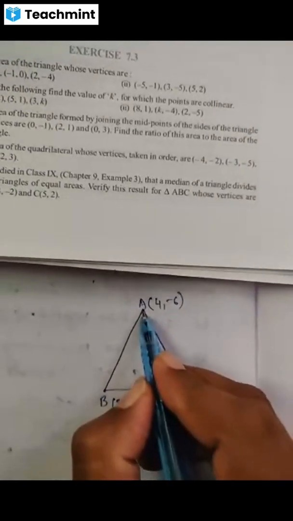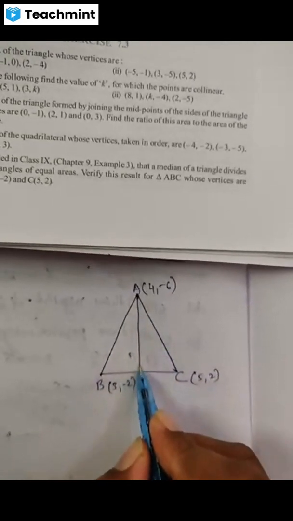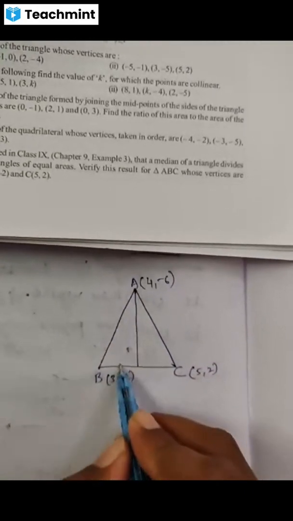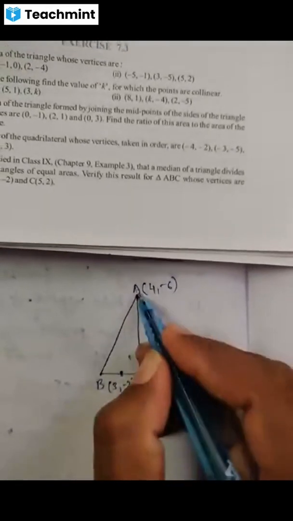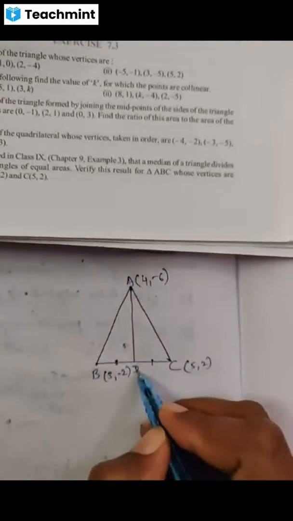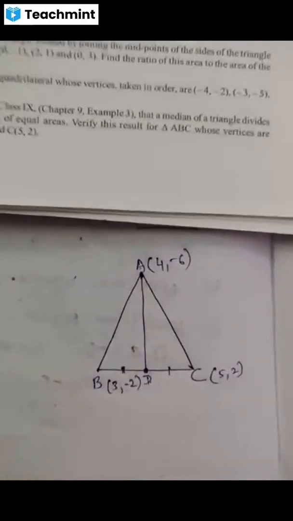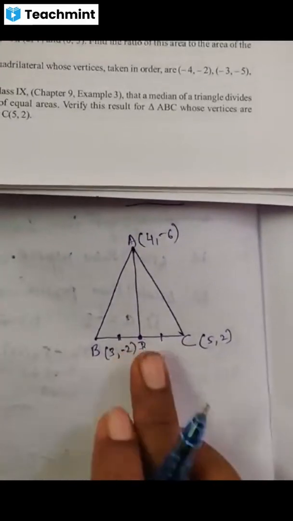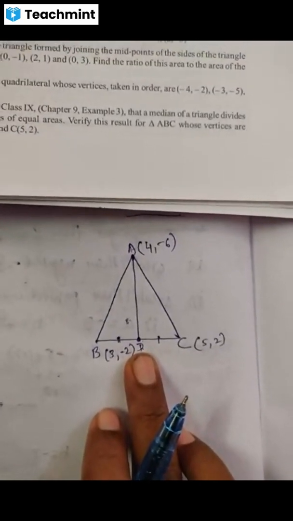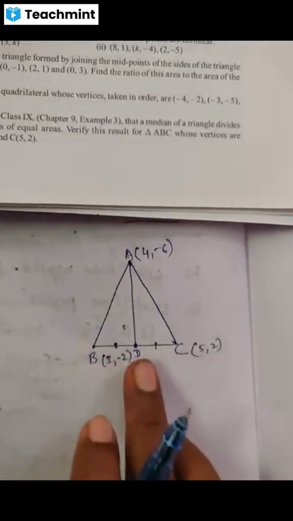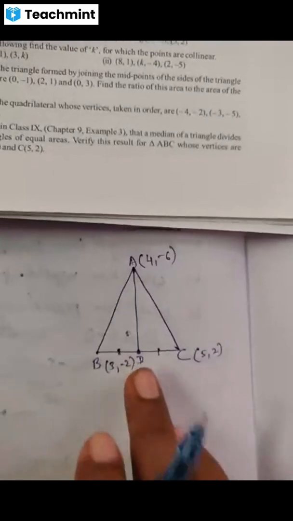So what about the point D? What do we call this point D? Midpoint, sir. Very good. So D is the midpoint of BC.